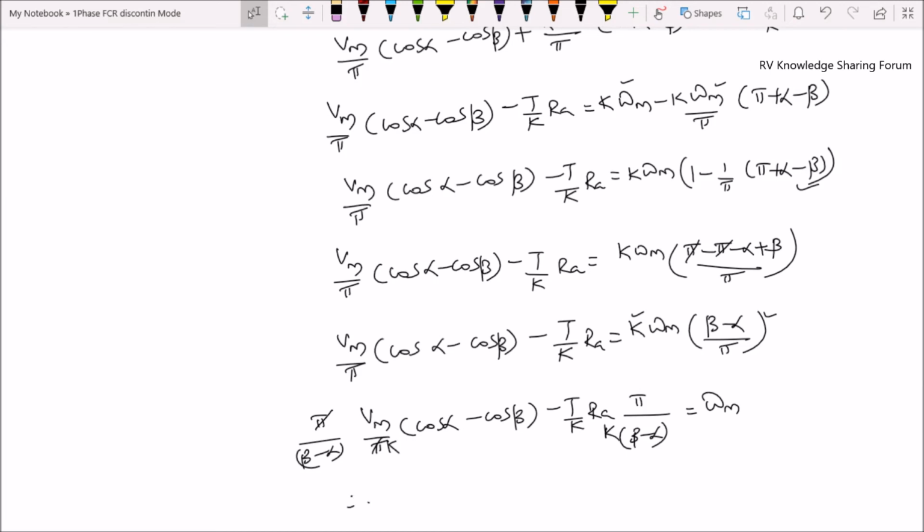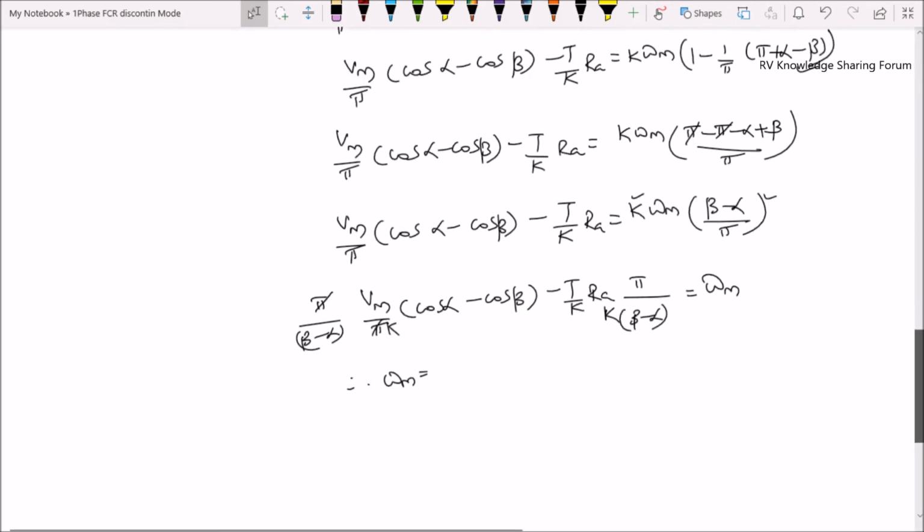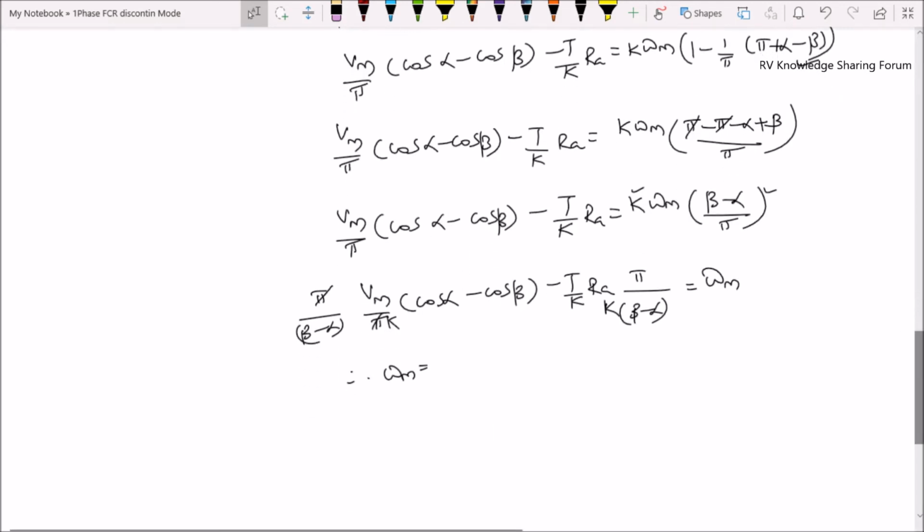Therefore our omega m becomes Vm by K into (cos alpha minus cos beta) divided by (beta minus alpha).